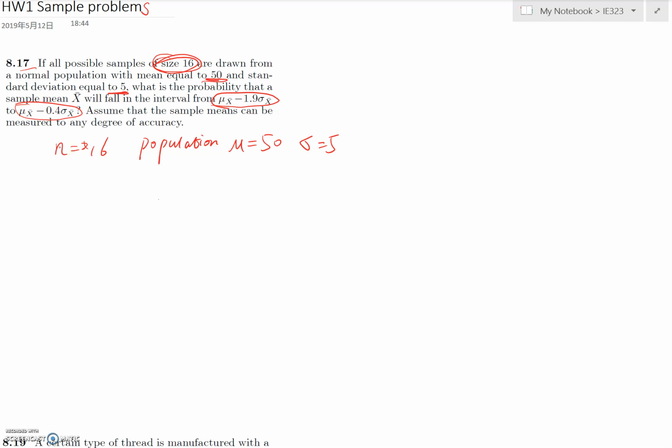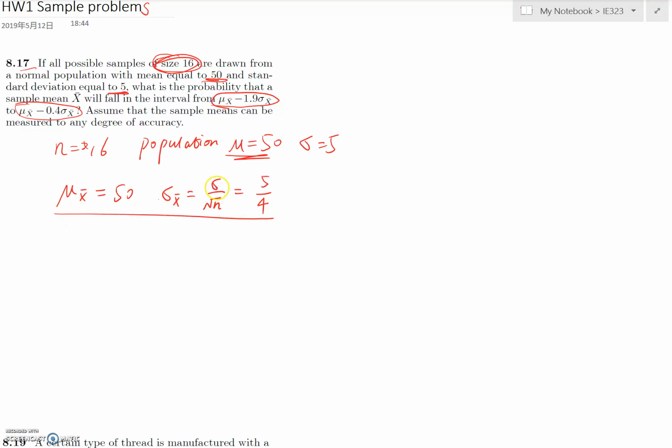So for the sample size of 16, we can know mu x bar equals 50, which is the same as this mu, and sigma x bar should be sigma divided by square root n, which is 5/4, right?